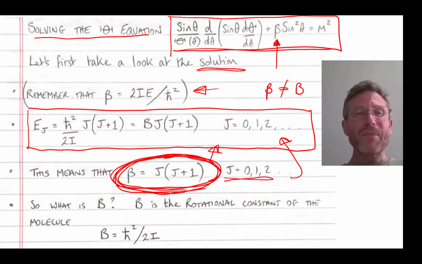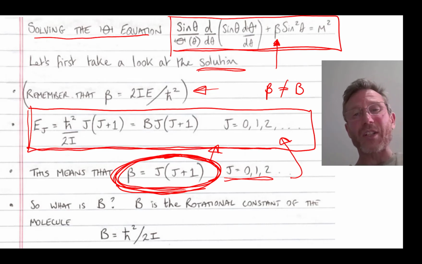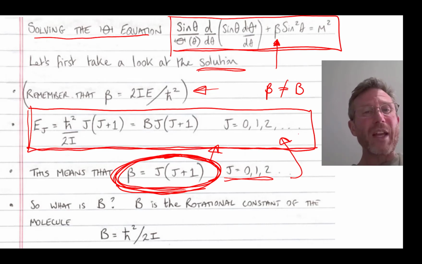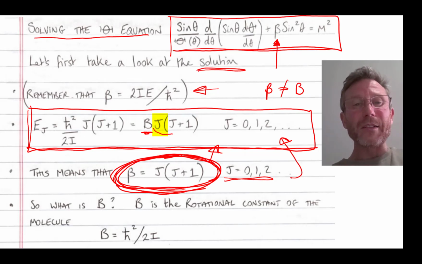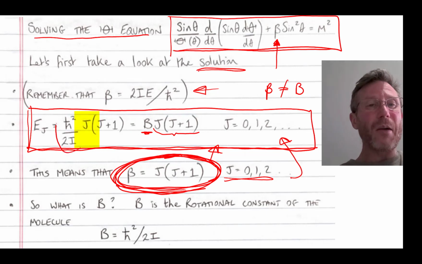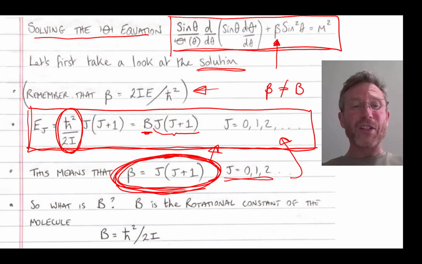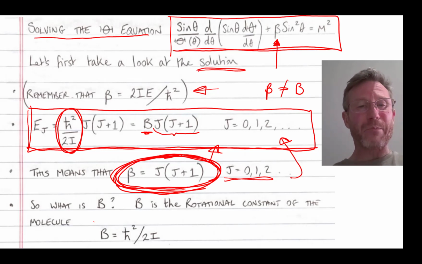What is B? If we come back to the expression in the box, we recognize that we have a term B multiplied by J times J plus 1, and this B term is equivalent to H bar squared over 2I. I've written this down at the bottom of the slide more formally.